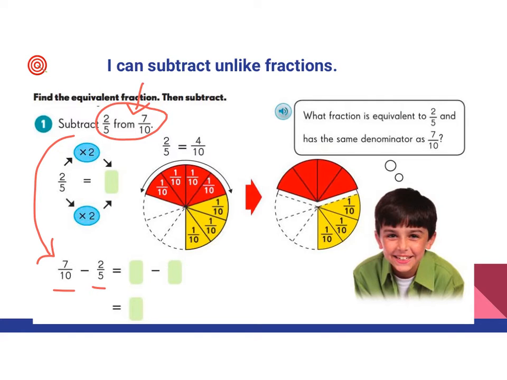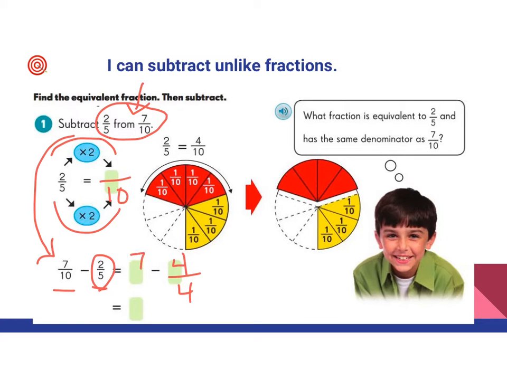To easily make this a subtraction problem that I can do, I would turn this fraction into a fraction with 10ths as a denominator. So 5 times 2 would equal 10, and therefore 2 times 2 equals 4.